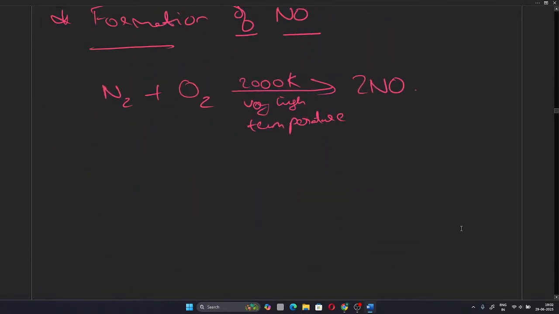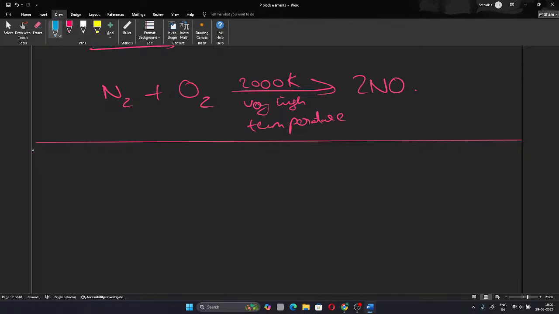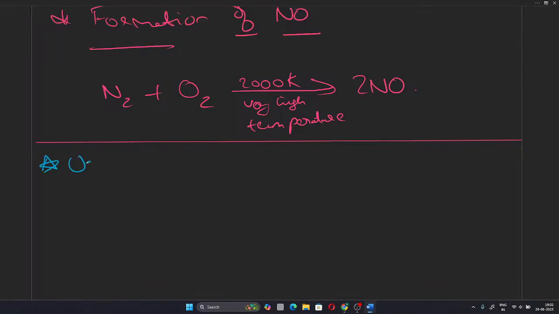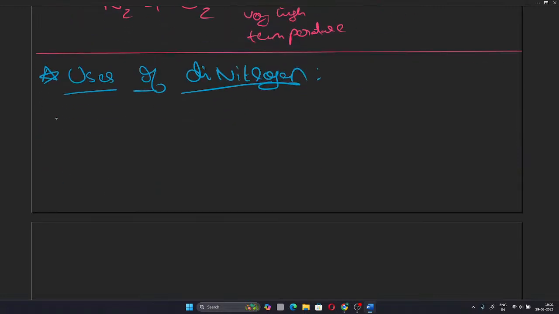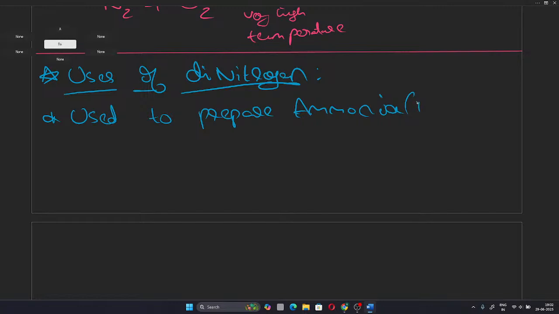And this is the properties. And as for the industrial uses or normal uses of dinitrogen, one, used to prepare ammonia, NH3.